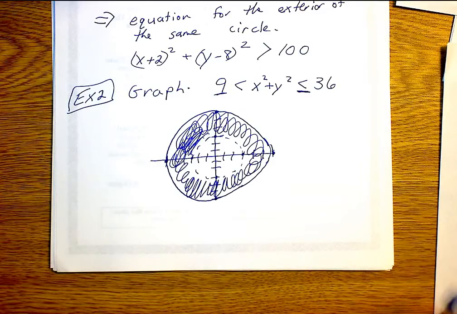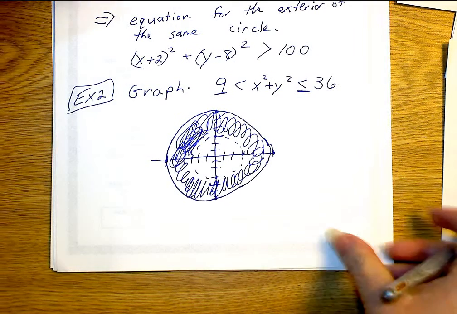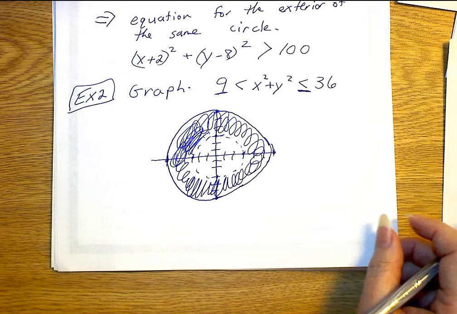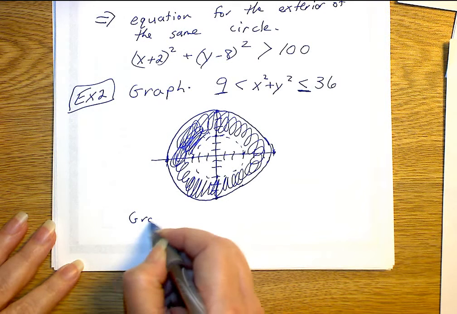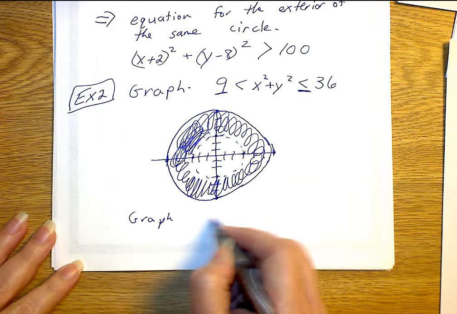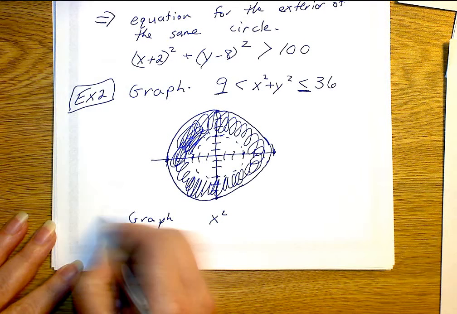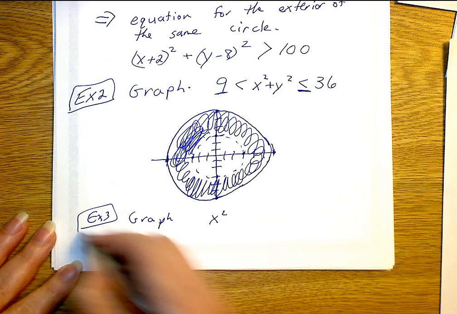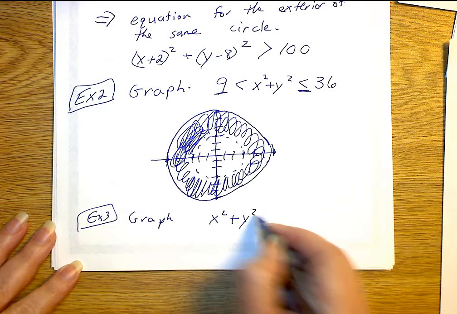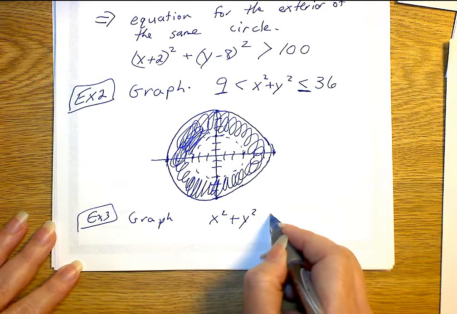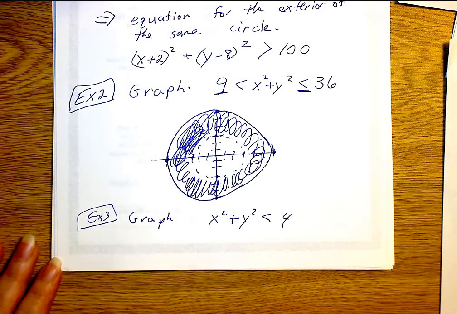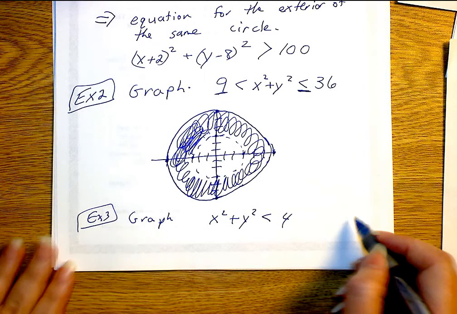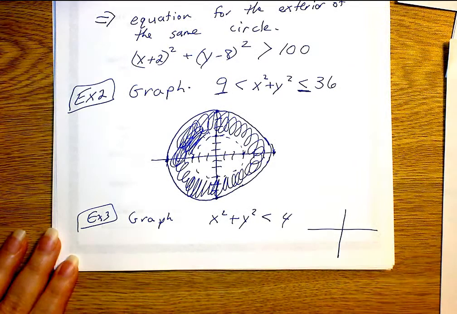I guess I'll do one more example, a short one. We'll do this as example 3. If I said graph x squared plus y squared is less than 4, we have a circle with radius 2.